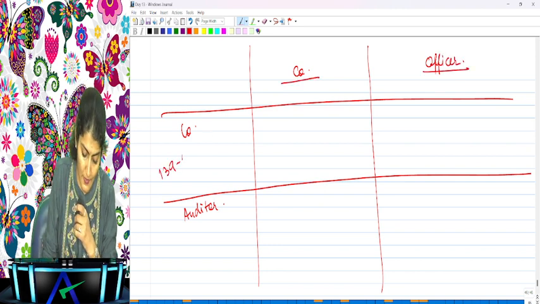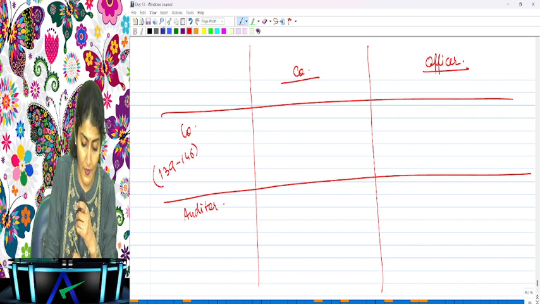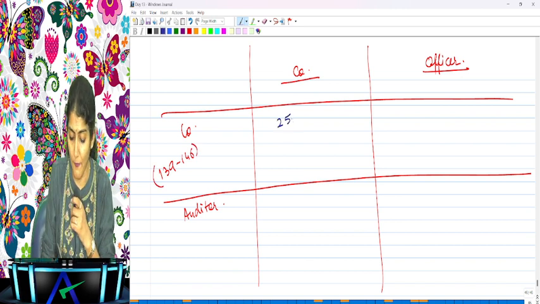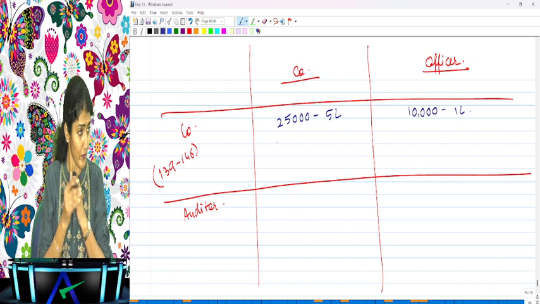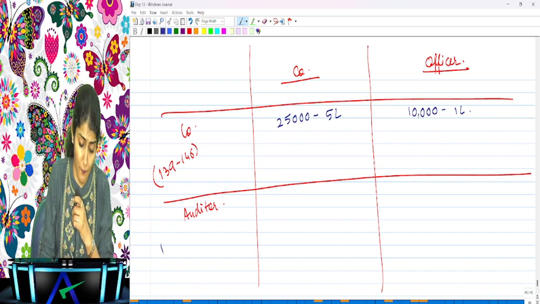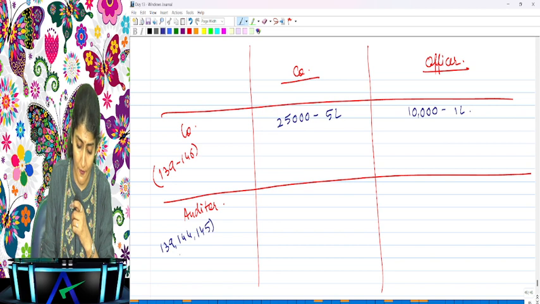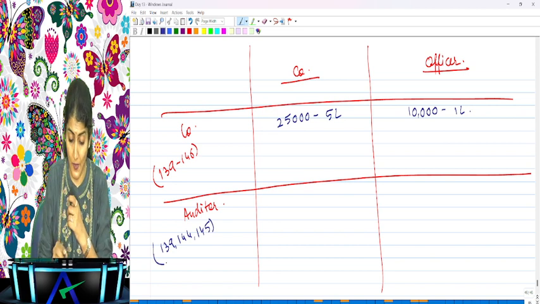For company it is 139 to 146, both inclusive. What does it say? Fine of 25,000 which may extend up to 5 lakh, and here 10,000 which may extend up to rupees 1 lakh. This finishes company. Then for auditor, 139, 144 or 145 has not been complied with unknowingly.